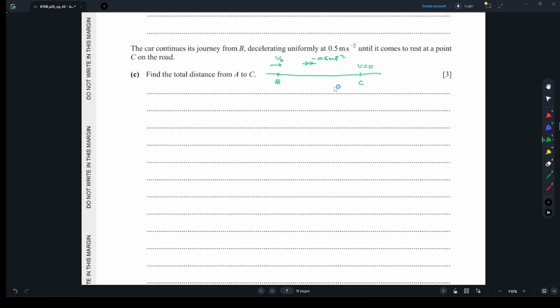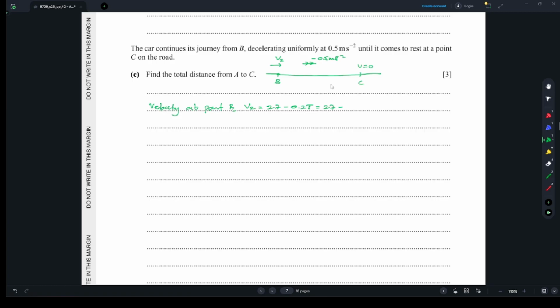So first you should know the velocity at point B. So I can write velocity at point B, which is v2. We found it previously, it is 27 minus 0.2 t, right?